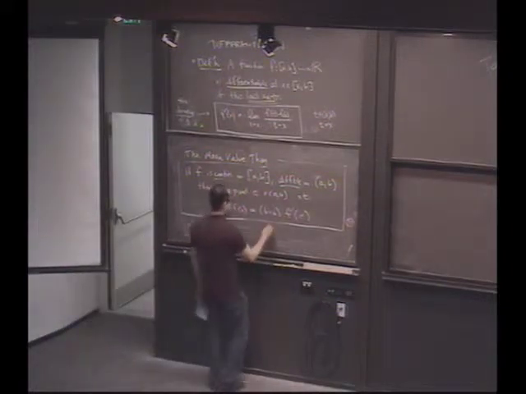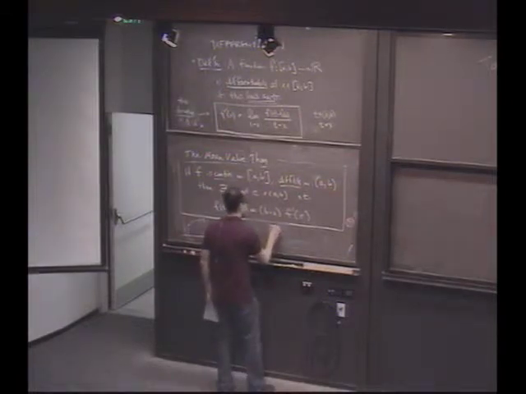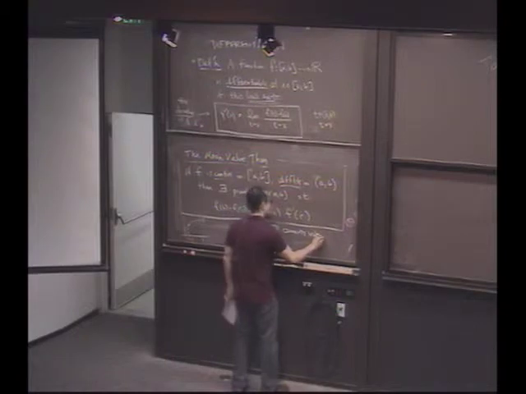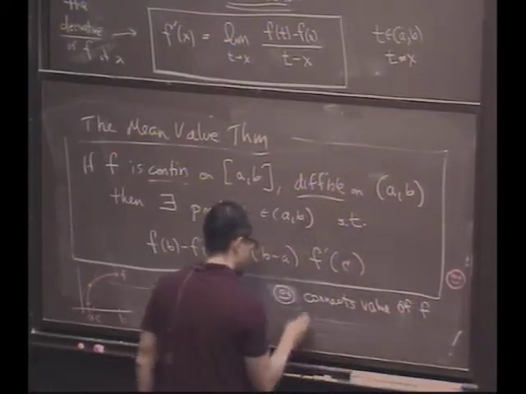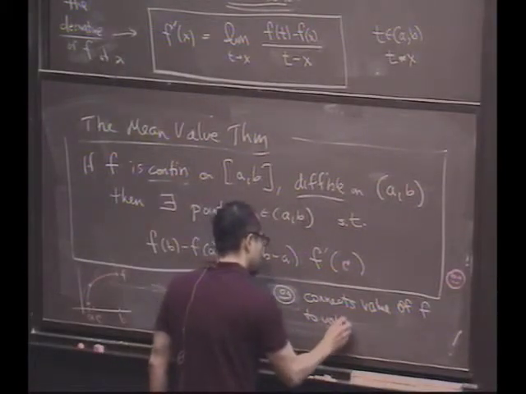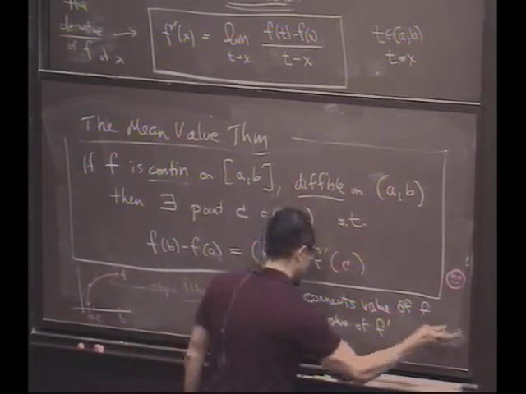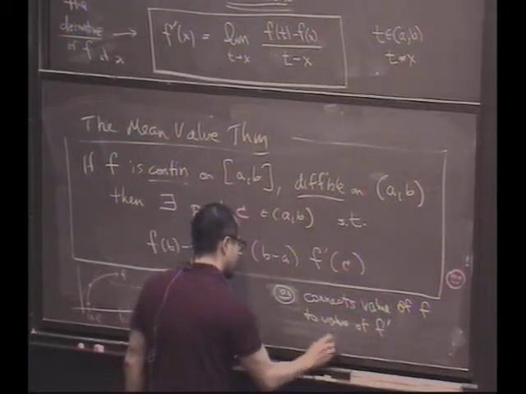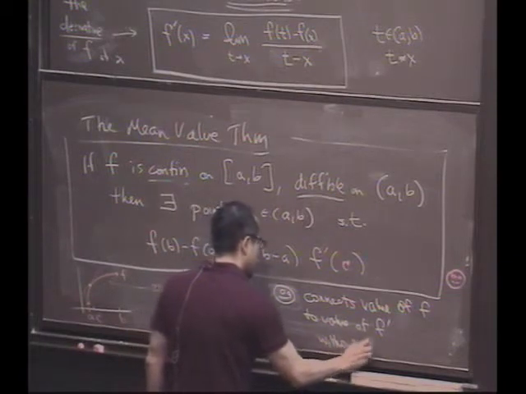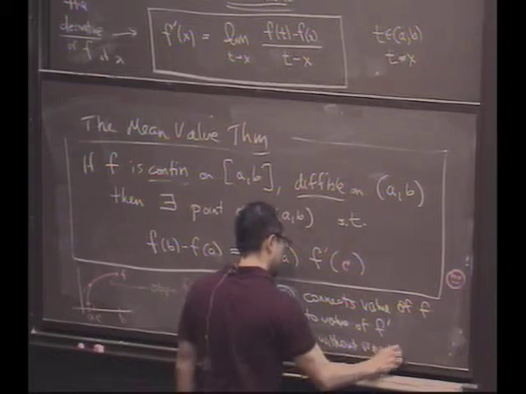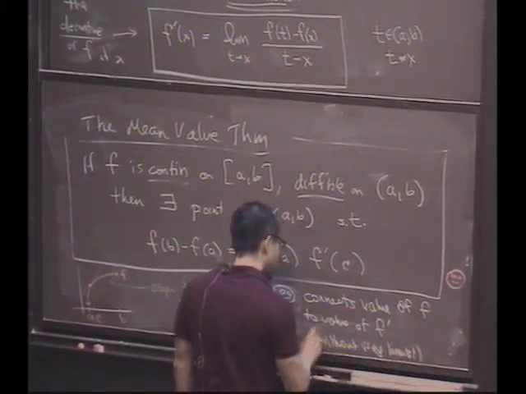Okay, so notice that what Smiley does, it connects the value of f to the value of f prime somewhere, right? Without using limits. I mean, obviously the definition connects the values, but that's what's nice about this.